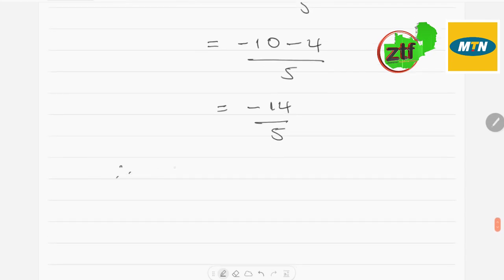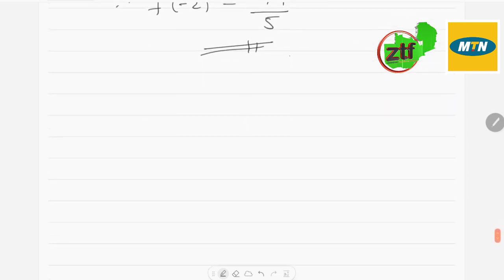So therefore, f inverse of minus 2 will now be equal to negative 14 over 5 as our solution. So that is how you answer question part B for question 16 under function, which is inverse function.